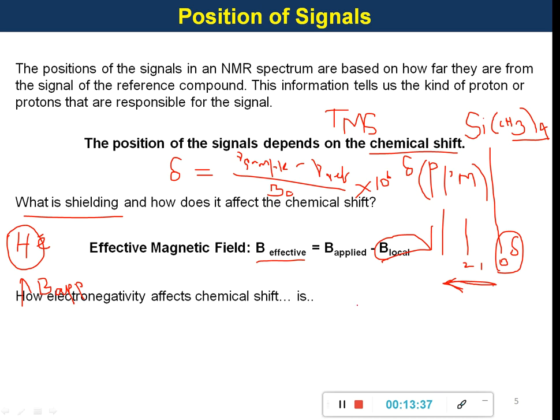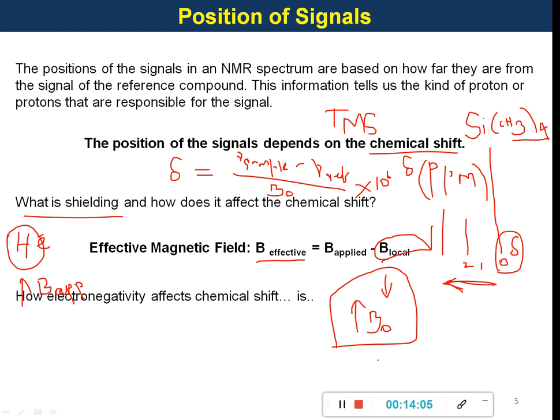This is called diamagnetic shielding. Protons in an electron dense environment sense a smaller effective magnetic field because they are more shielded by the large amount of electrons, and therefore will require a lower frequency to come into resonance because delta E is smaller.